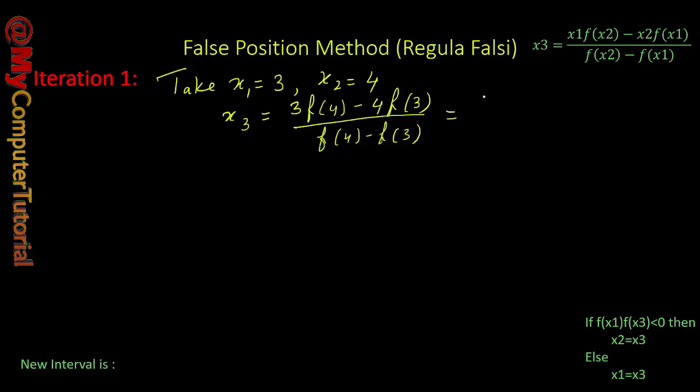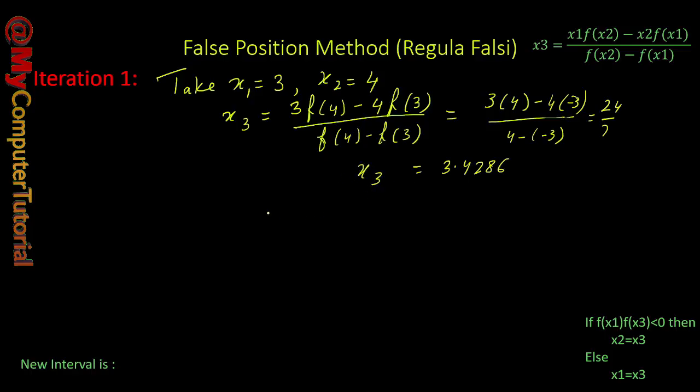If you calculate it, it will be 3 times 4, minus 4 times minus 3, over 4 minus 3, which will be equal to 24 over 7, which comes out to be 3.4286. So the value of x3 is 3.4286.